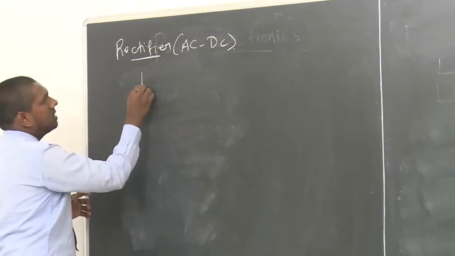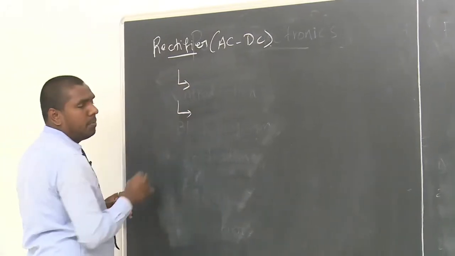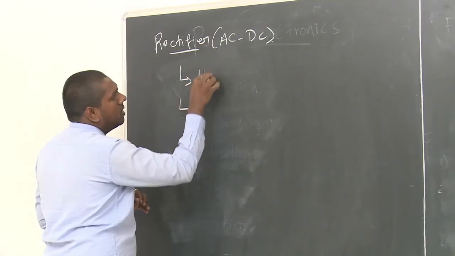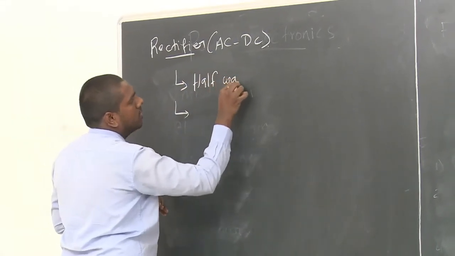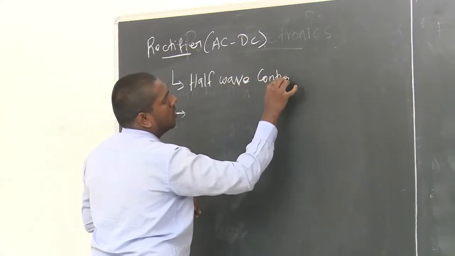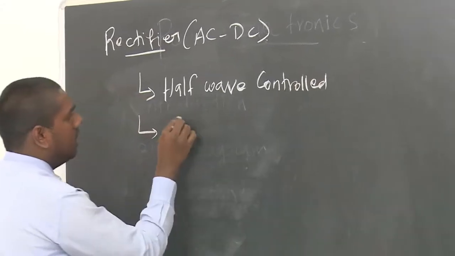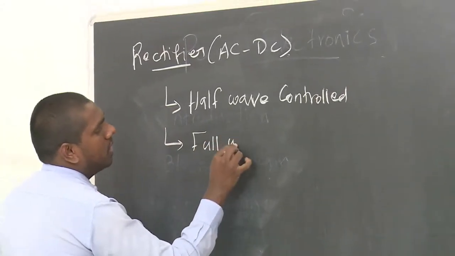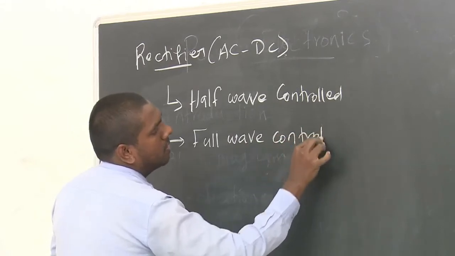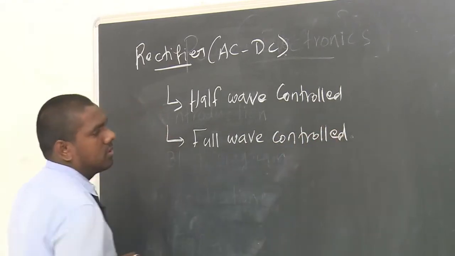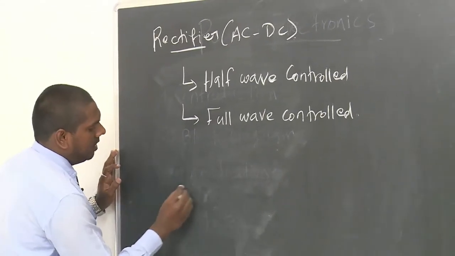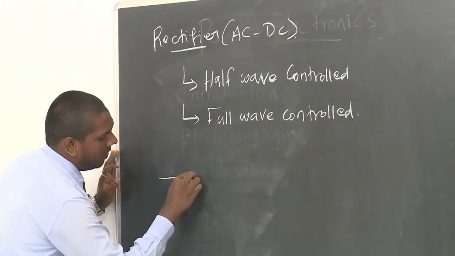Based on this, the rectifier is again classified into half wave controlled and full wave controlled. So first we can see the half wave controlled rectifier. So this is the circuit diagram for our half wave control.